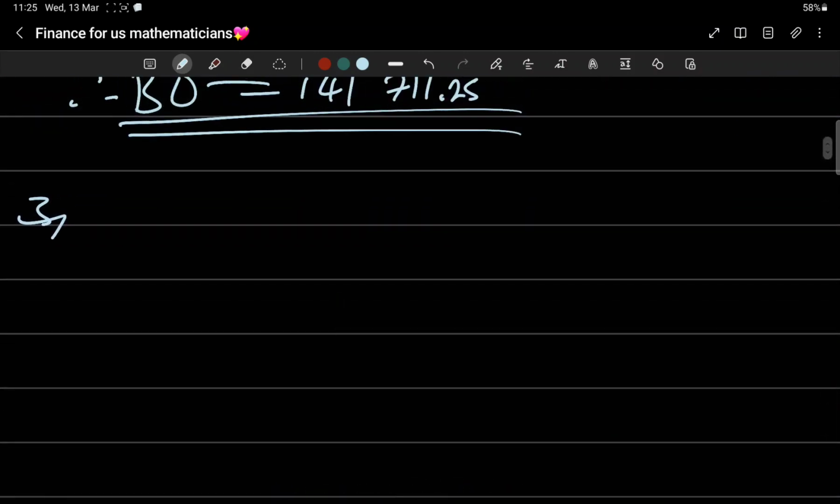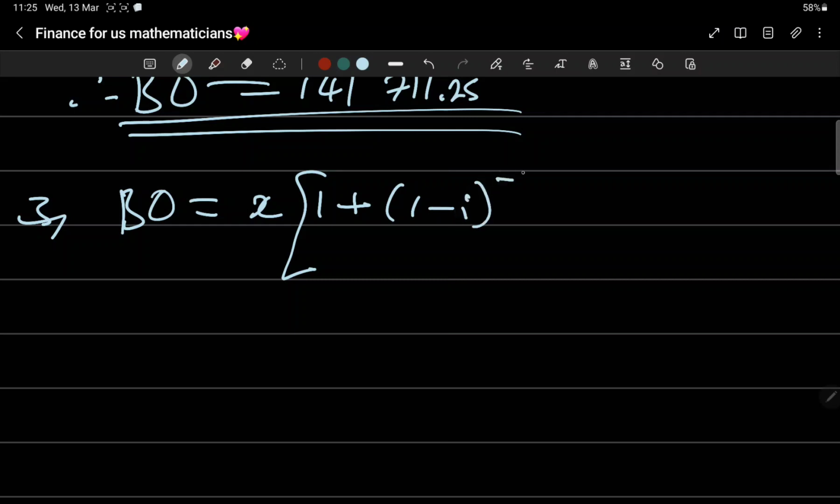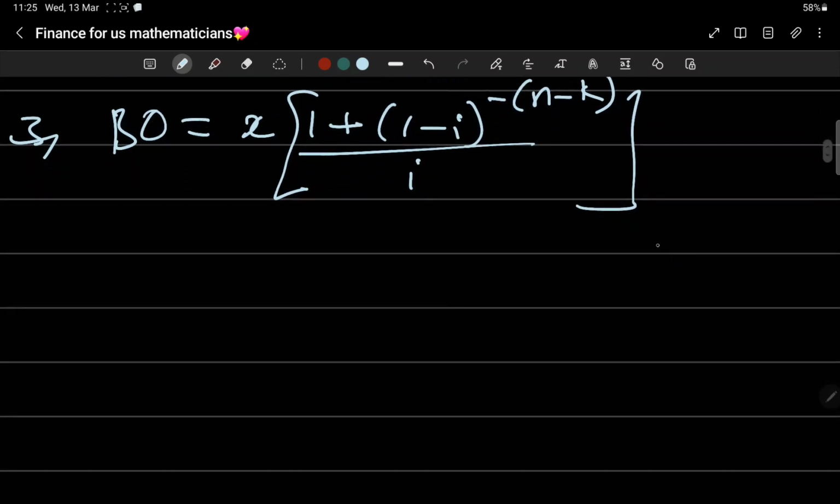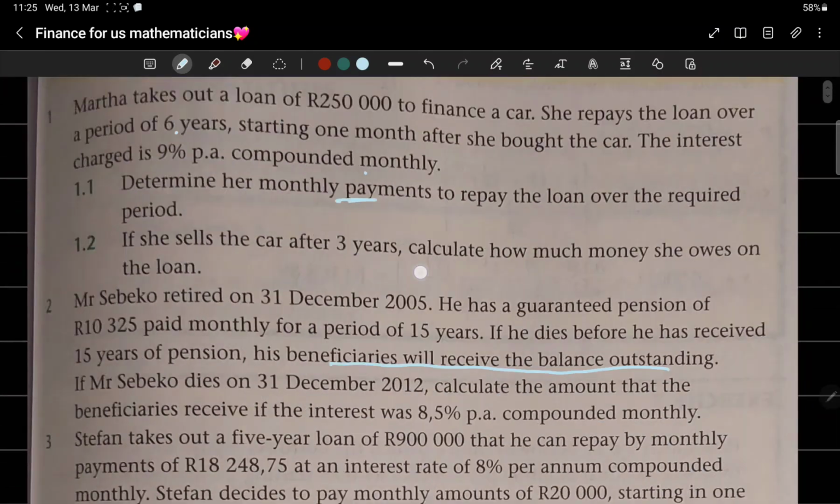So we're still using the same formula we used in 1.2. Balance outstanding equals x times 1 minus (1 plus i) to the negative n minus k, over i. Now let us write the values. x is the monthly payment. Are we given?